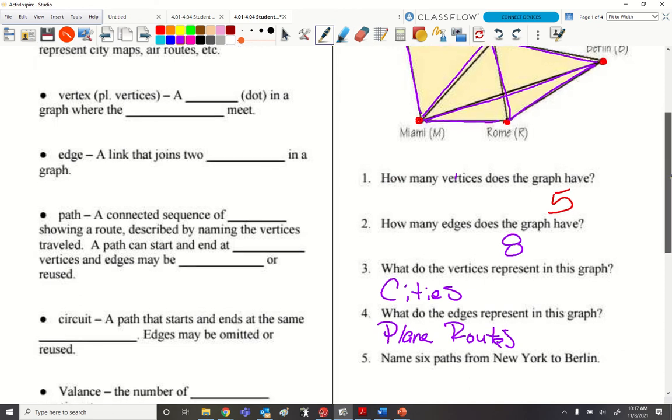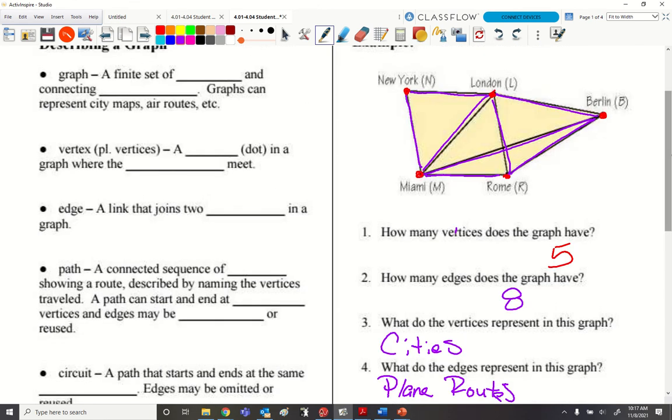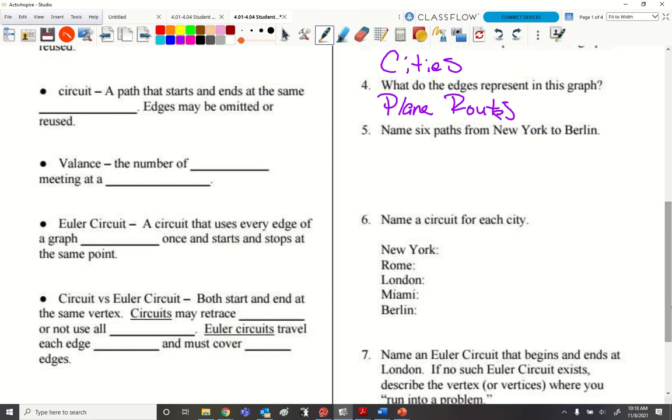All right, so let's take a look. Name 6 paths from New York to Berlin. Each one actually has a letter that's going to represent it. So N is going to be New York, Berlin is going to be B. So we are going to talk about some routes to go from there. So I'm going to start here. Where did I go to from New York?